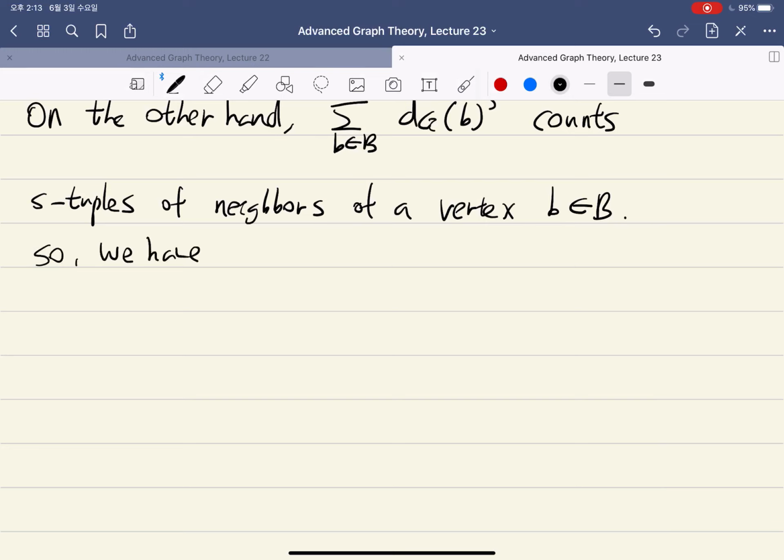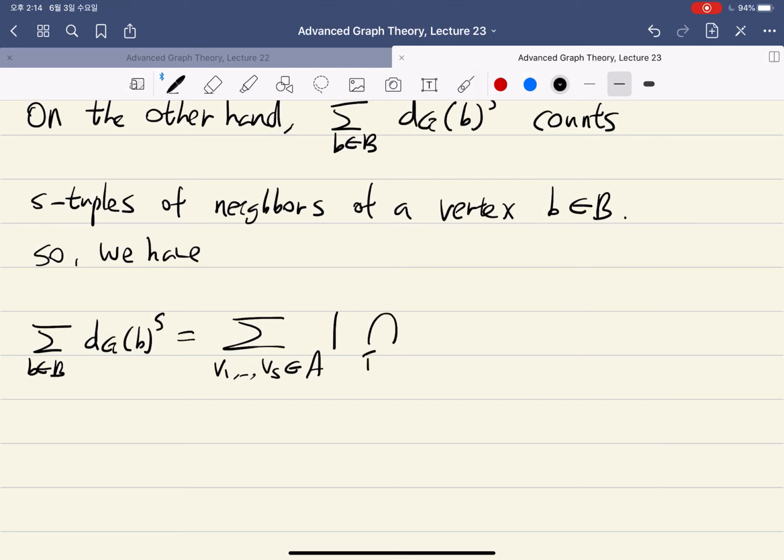So we have that the summation of degree of B to the S is the same as you consider all the vertices B1 to BS in B, such that you take a common neighborhood of this Pi and we add a number.